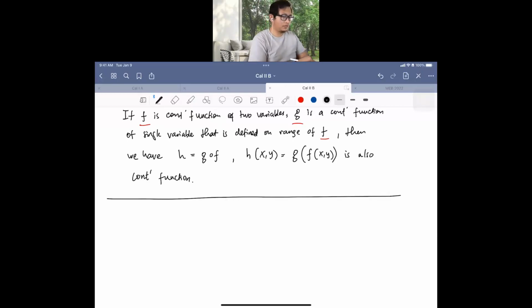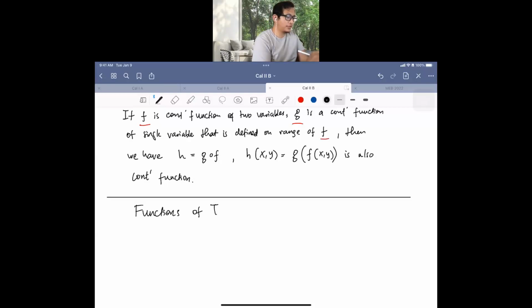Now, how about if we have more than two variables? So functions of three or more variables.